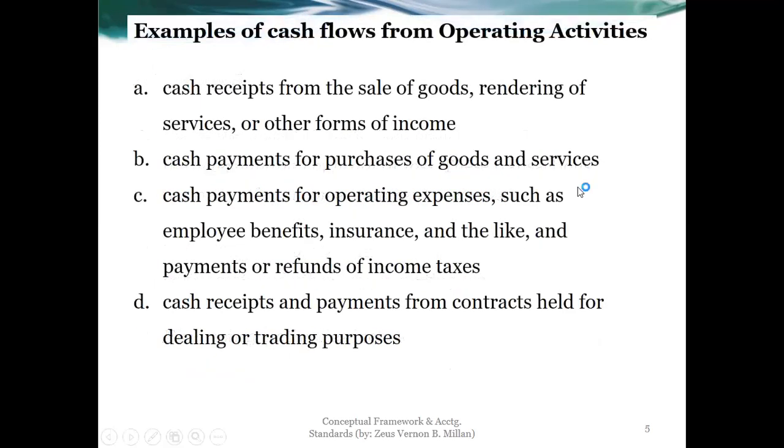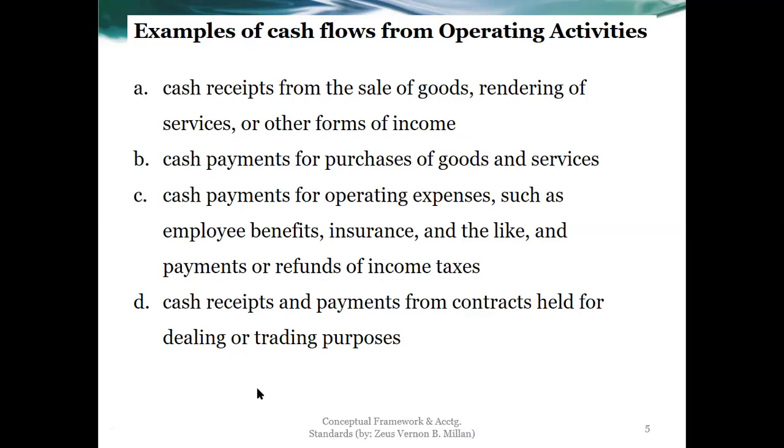All right. So here are some examples of cash flows from operating activities. As what I've said, they can happen within the ordinary course of the business. So we have here the cash receipts from the sale of goods, rendering of services, or other forms of income. These are the sources of income. Then we have the cash payments for purchases of goods and services.